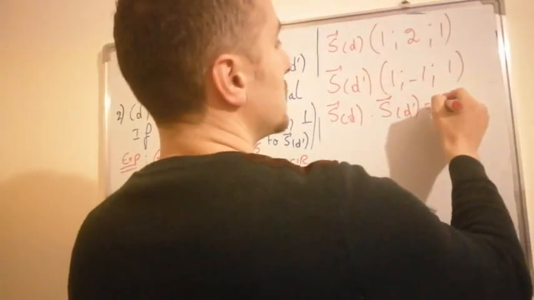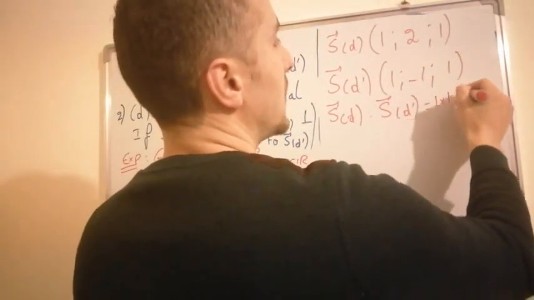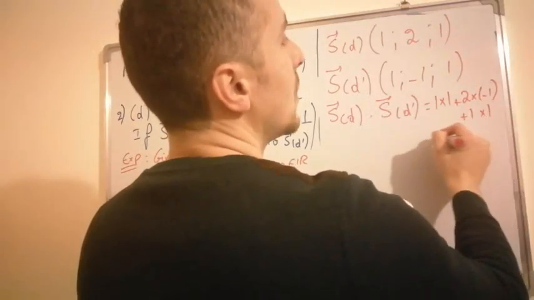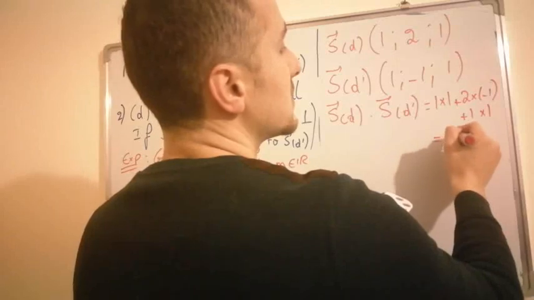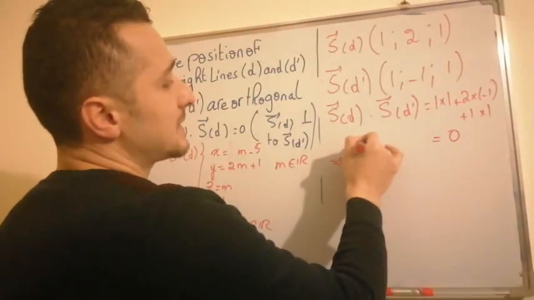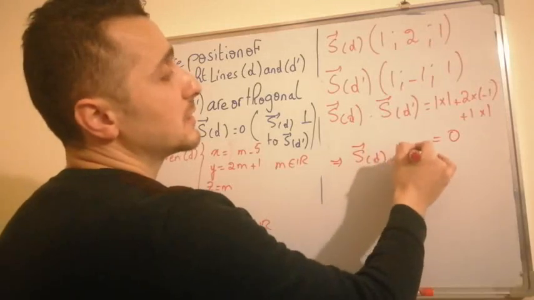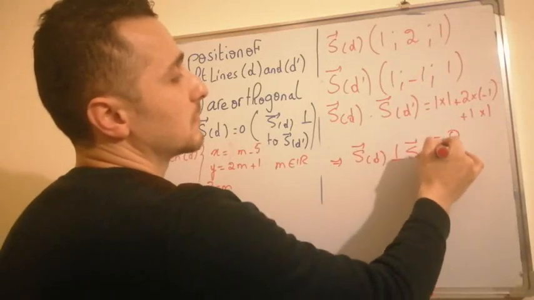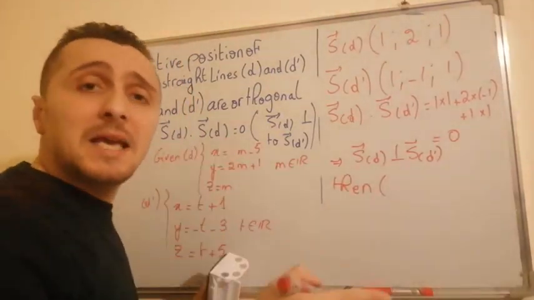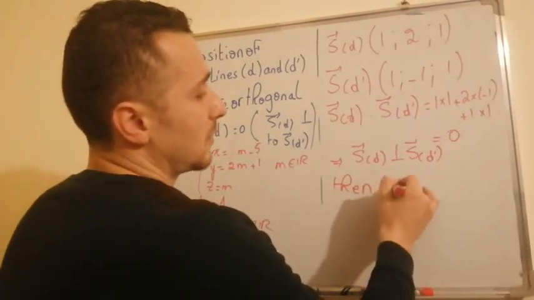So it's equal to 1 times 1 plus 2 times minus 1 plus 1 times 1. We obtain 1 plus 1 is 2 minus 2, so it's equal to 0. This implies S_D is orthogonal to S_D prime, then the two straight lines D and D prime are orthogonal.